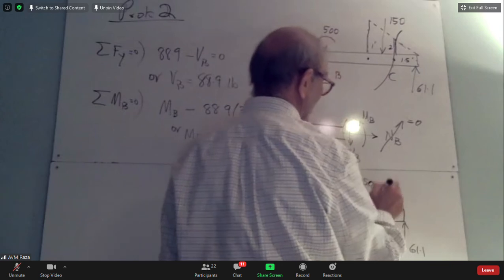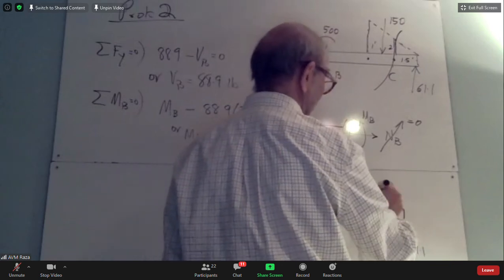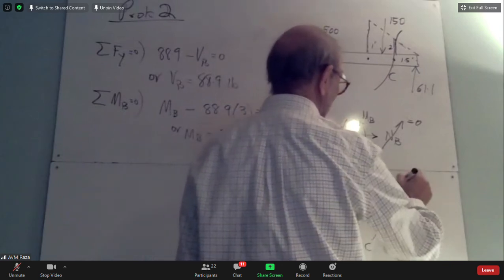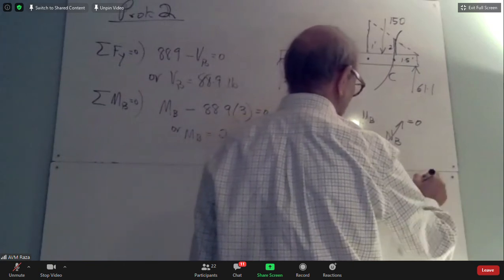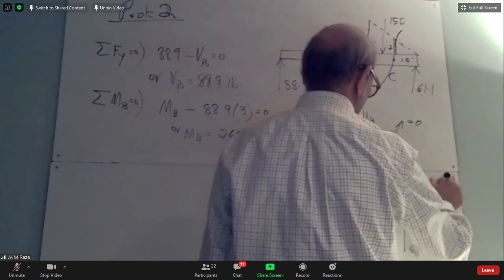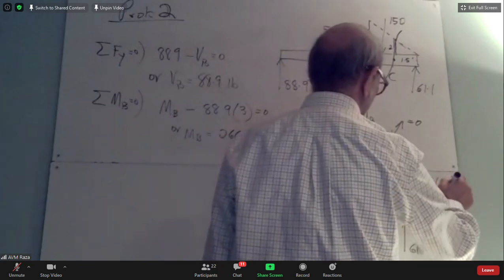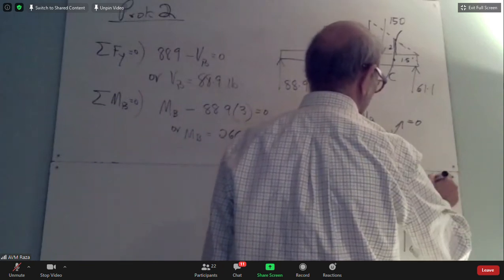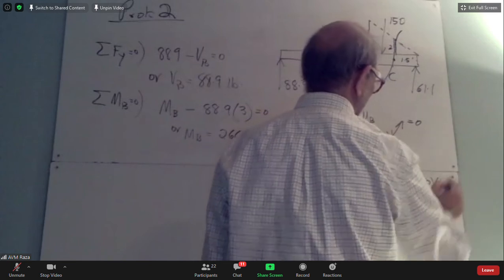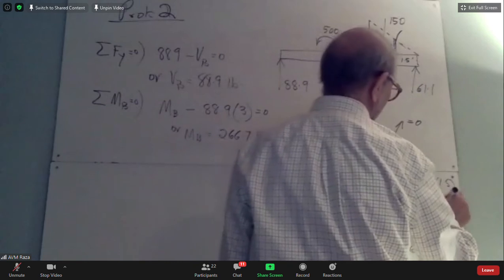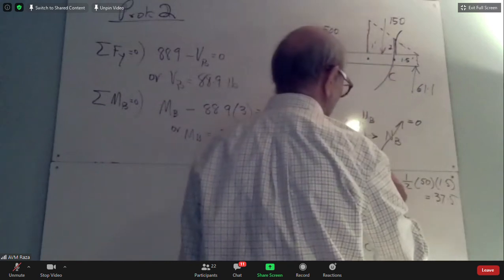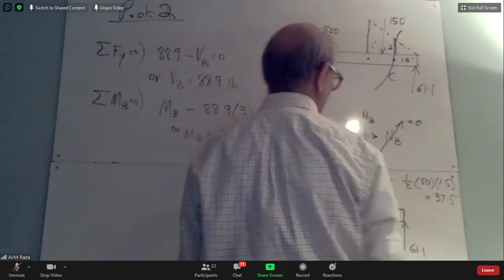How much is this force then? This will be the area of this little triangle, which will be 1/2 times the height, which is 50, times the base, which is 1.5. And this comes out to how much? 25, and 25 times 1.5 would be 25 plus 12.5, 37.5. So this force is 37.5 pounds.